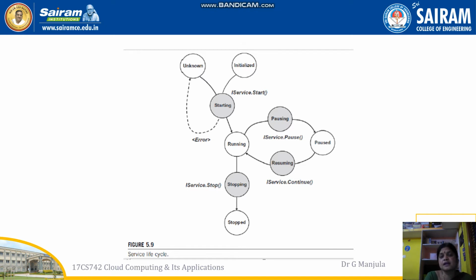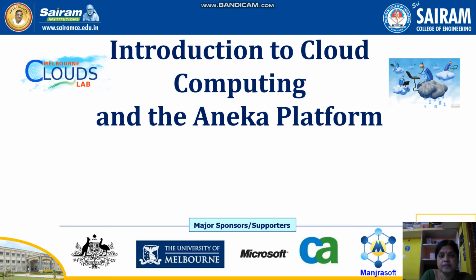If I stop it, how do I resume, and after resuming, how is the job processed? So this is called initialization, running, start, and execute. I will explain this once we have knowledge of the case studies of Aneka. Okay, now I'll move on to the frameworks.